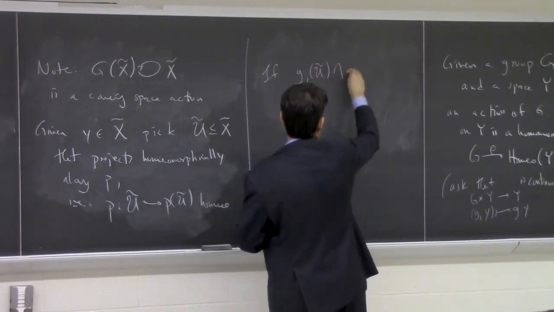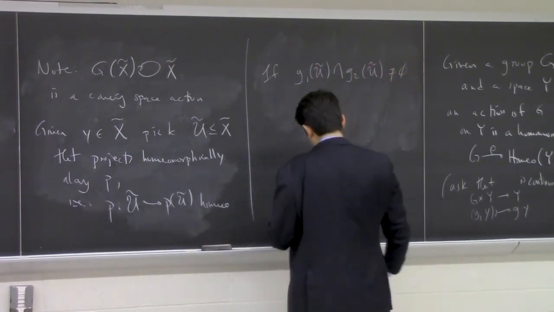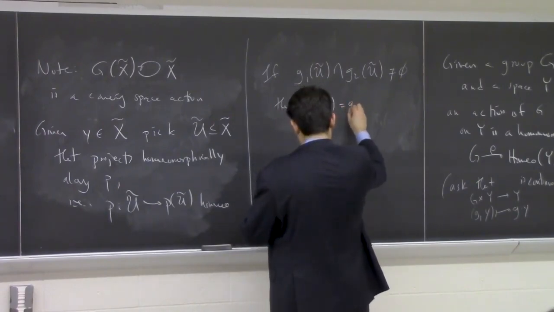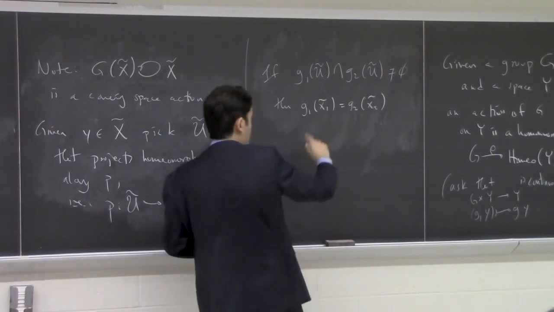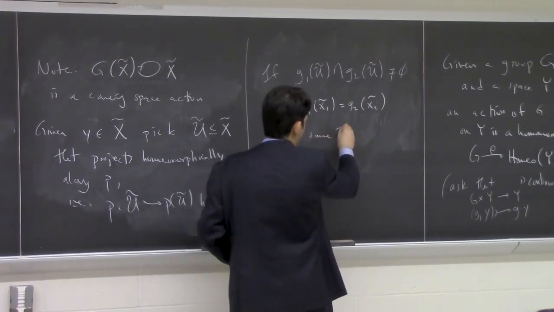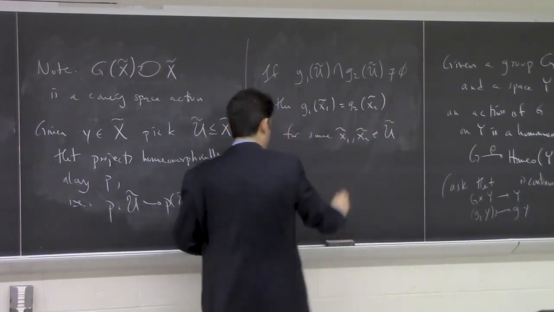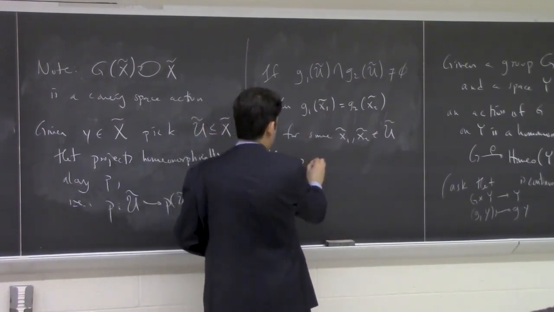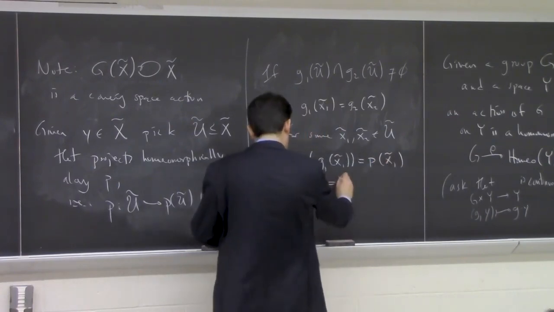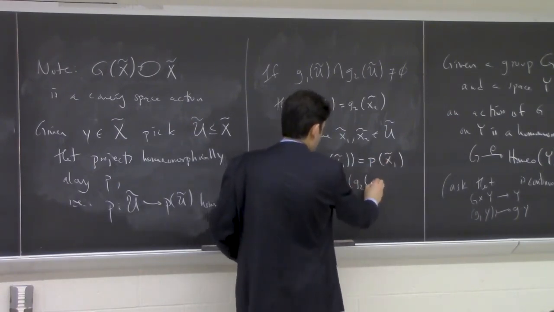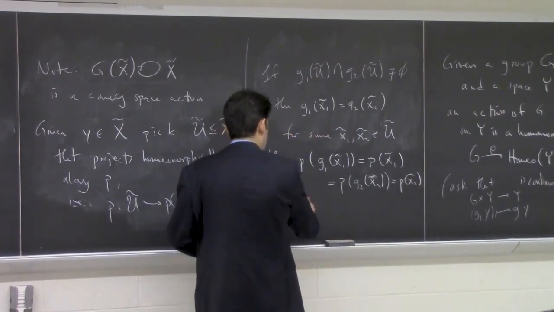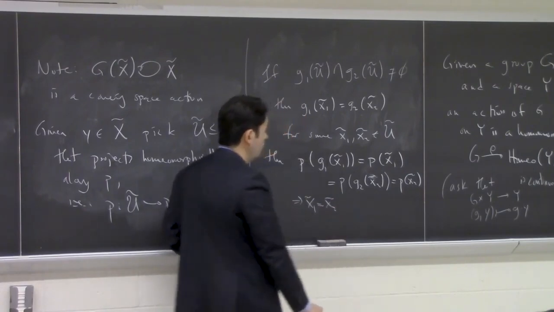Okay, then if you have a non-empty intersection, then you must have points in u tilde that have the same image under these, but then P of g1 x1 tilde is equal to P of x1 tilde, which is the same as P of g2 x2 tilde, P of x2 tilde, and that tells us that x1 tilde is equal to x2 tilde, right?